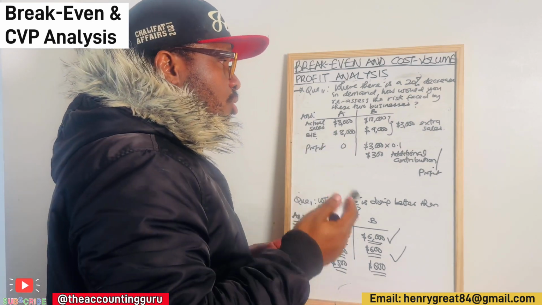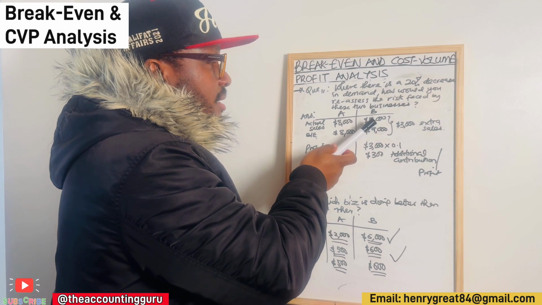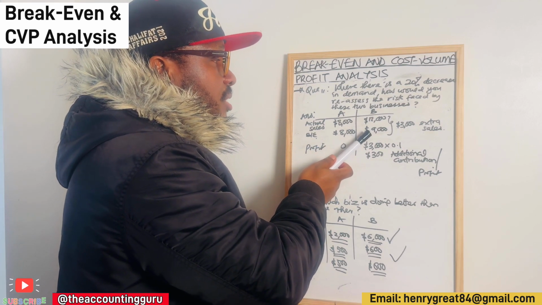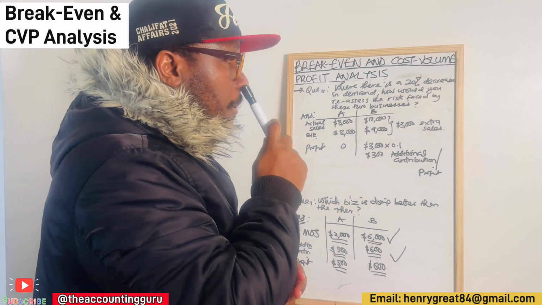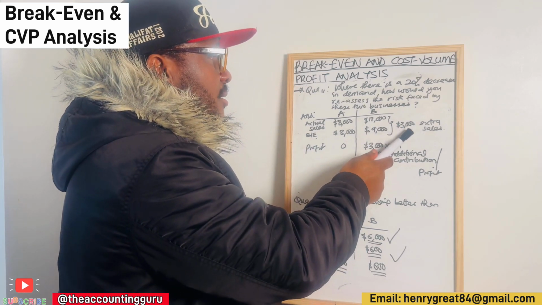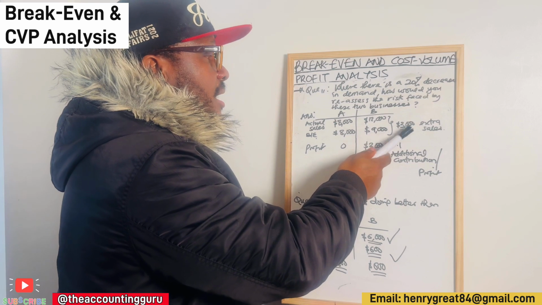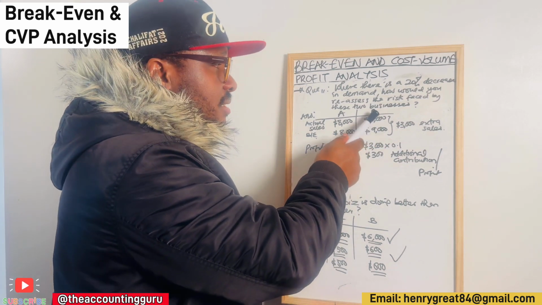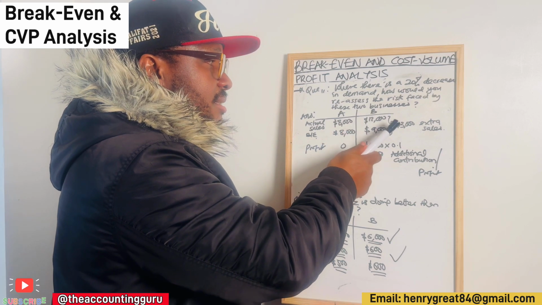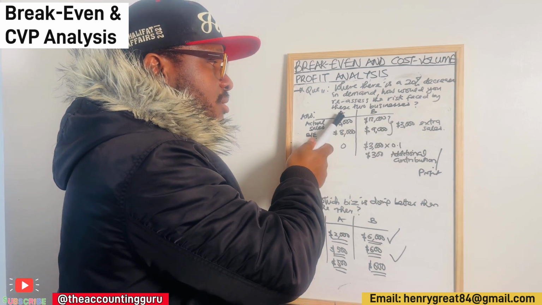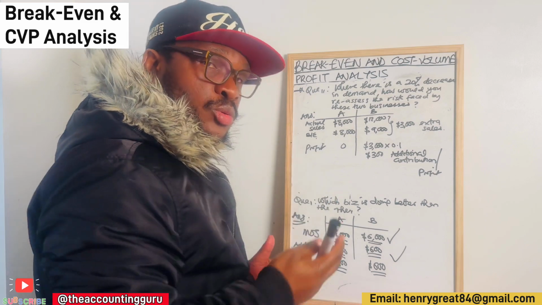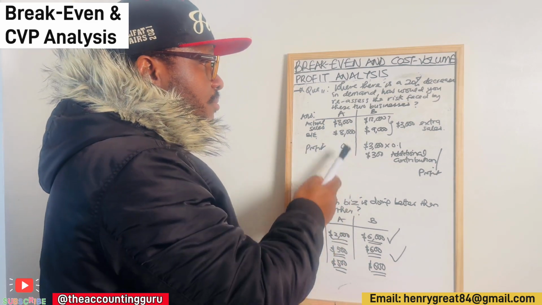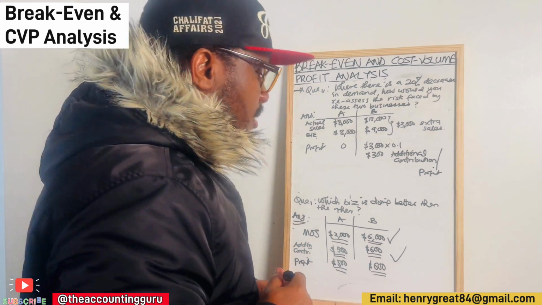More so, the difference between its actual sales and break-even sales is $3,000, which is higher than $0. The margin of safety for business B is $3,000, while the margin of safety for business A is 0. So business B is far better than business A. Perfect.